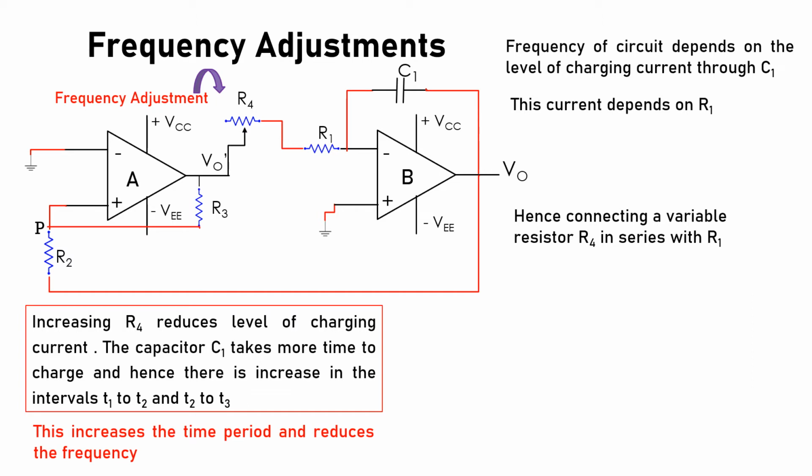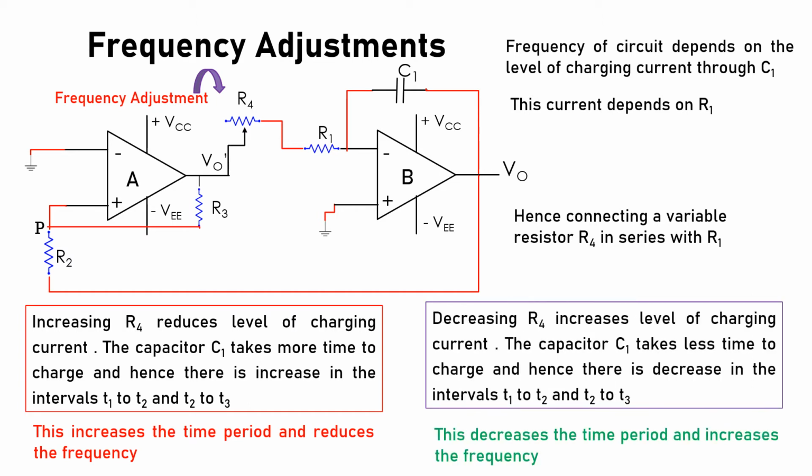On the other hand, by decreasing the resistance R4, the charging current through C1 increases. When the current increases, the capacitor C1 takes less time to charge, and hence there is a decrease in the time intervals between T1 to T2 and T2 to T3.